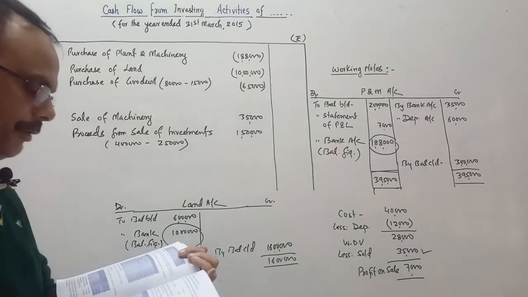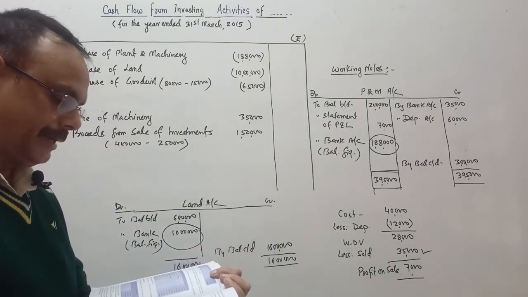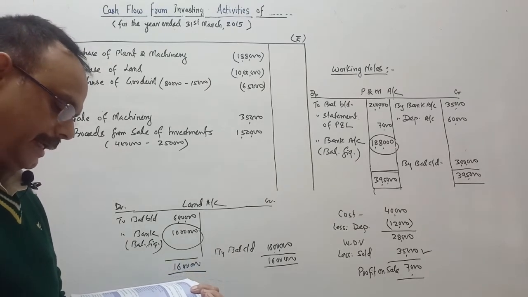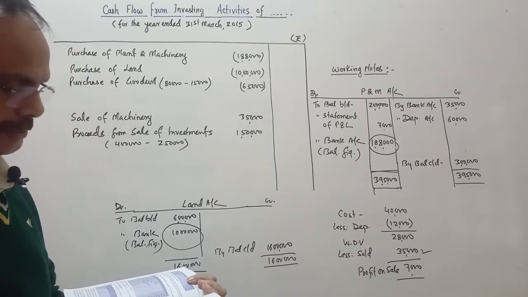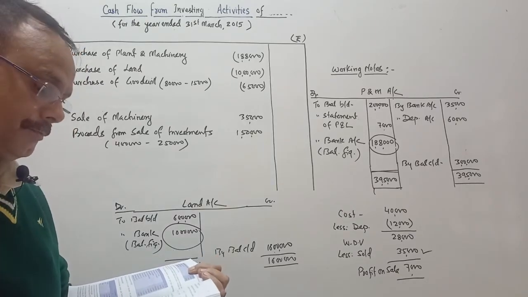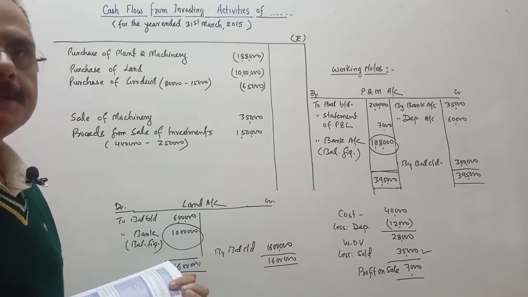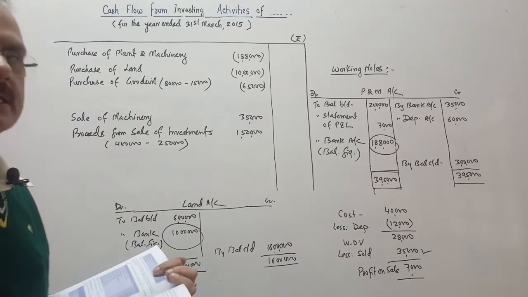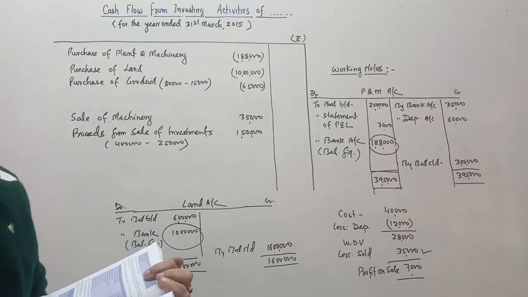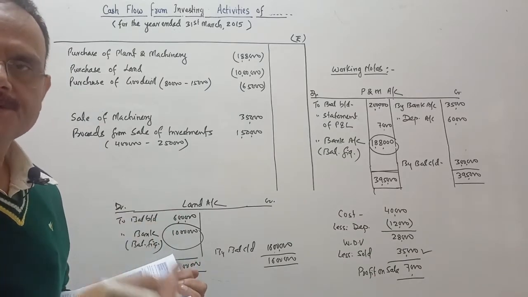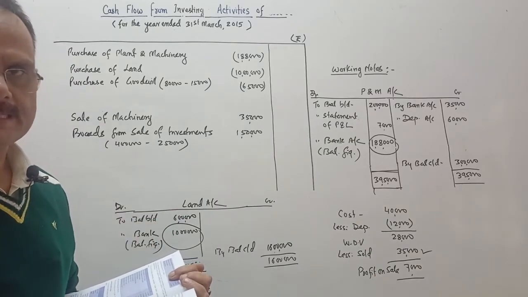Now there is one piece of information, you see, 10% long-term investment. Investment is decreased from 4 lakh to 2,50,000. Now we will assume that this sale of investment is done at the first day of the accounting year or at the last day of the financial year. This is our assumption.